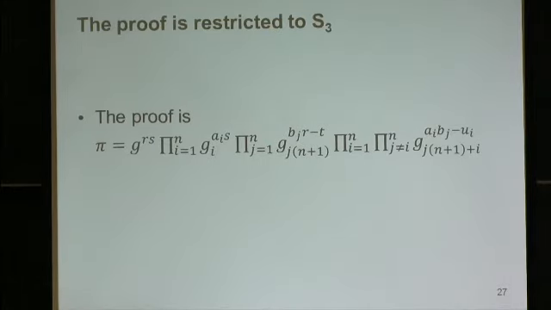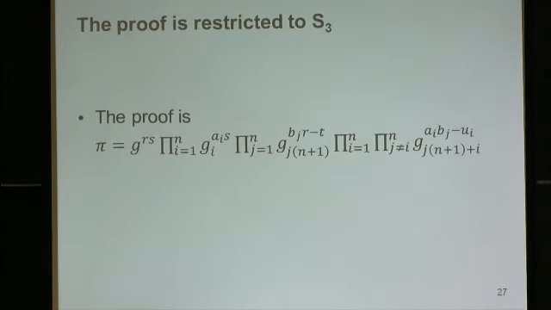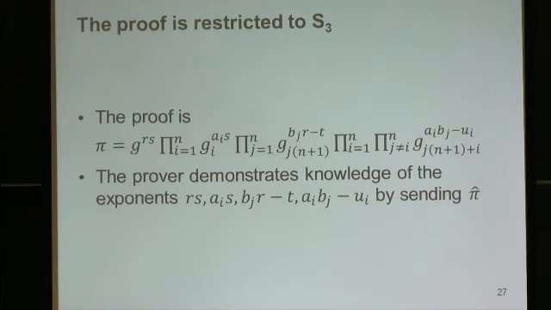The prover will give some more information: essentially this proof here, restricted to the set S3. This is something the prover will actually prove to the verifier. Remember the proof was this complicated formula. The prover will demonstrate that it knows all these values that have been used in generating the proof by sending pi hat.